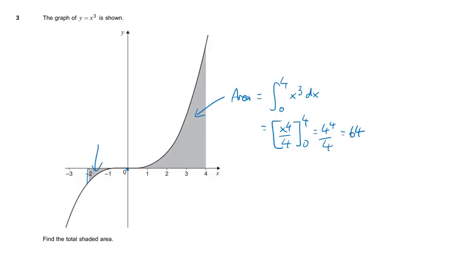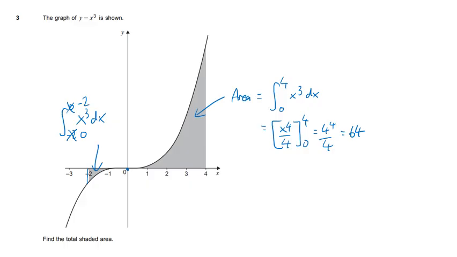This part of the graph, we're going to get from minus 2 to 0 of x cubed dx, but that's going to give us a negative value. So what we can do instead is we can switch around these limits, and that will give us a positive value.